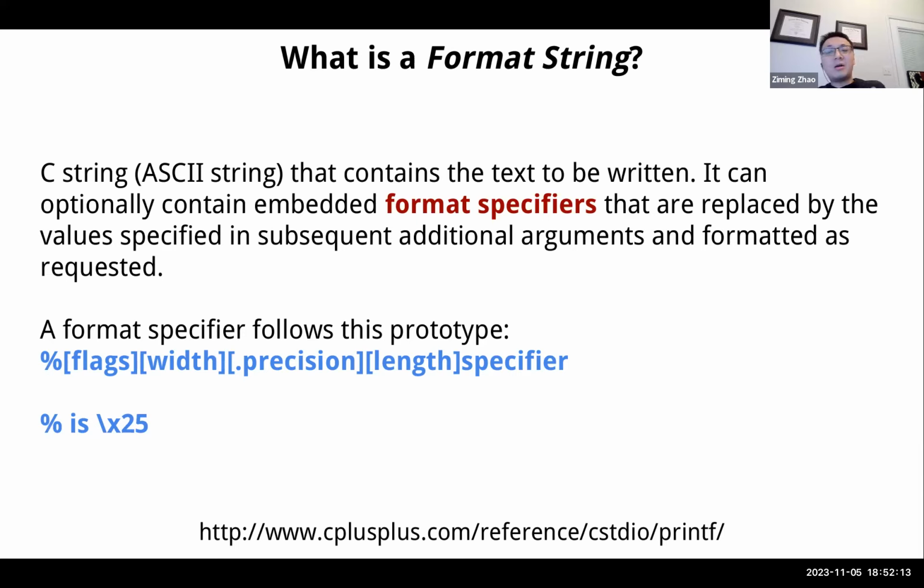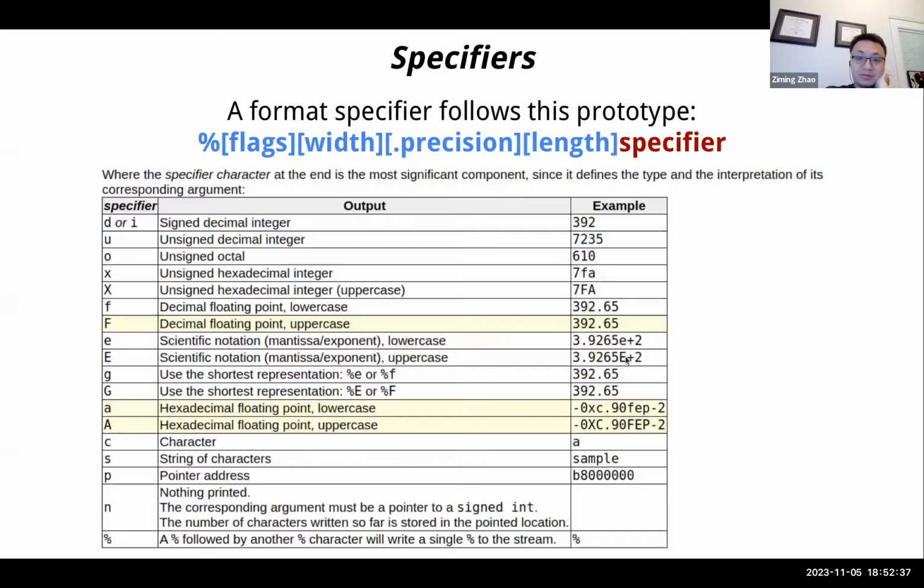If it's not a format specifier, just regular characters, a string we need to output, then it will just copy that to the output. As you can see, the most important part looks like the specifier, the part you have to use.